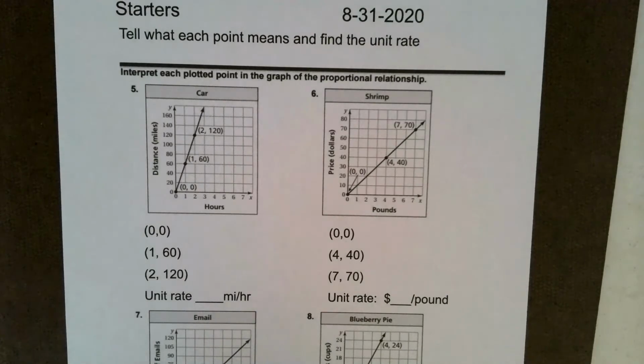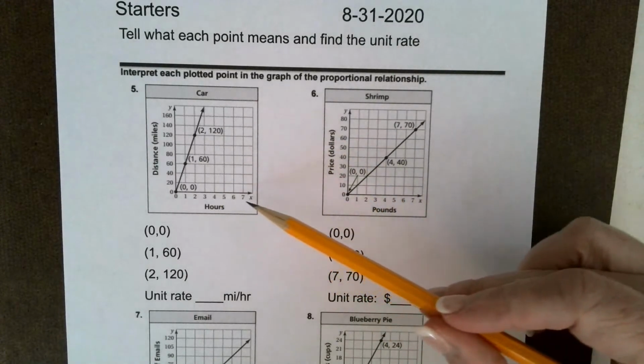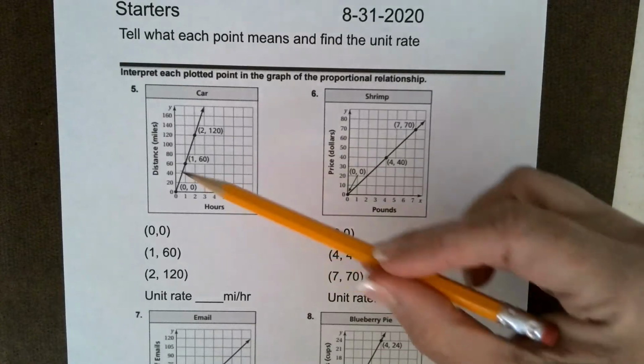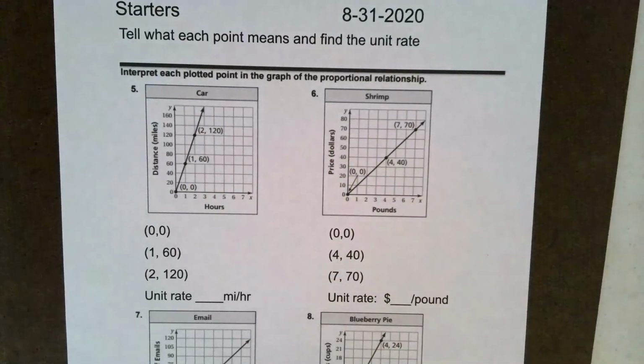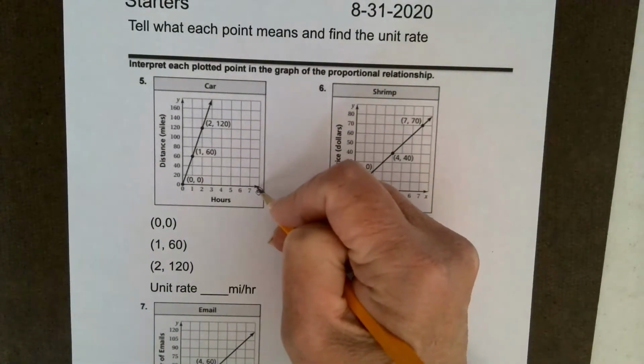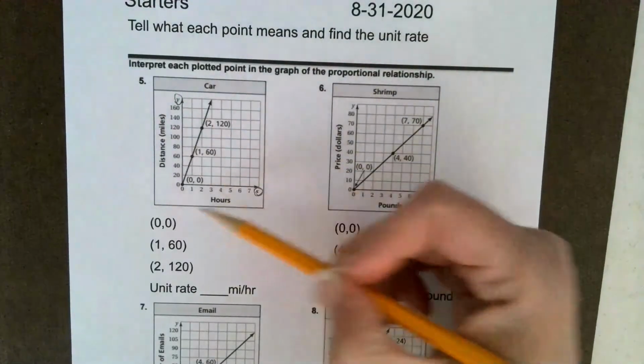But on number 5, we've got the car, and along the x-axis we have the hours, and along the y-axis we have the distance in miles. And remember that this is the x, this is the y-axis.